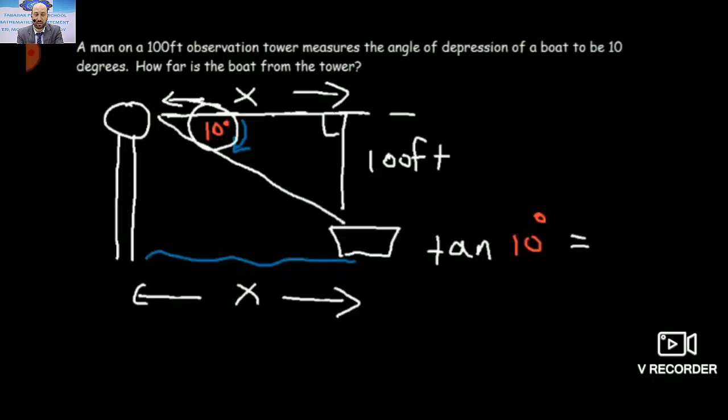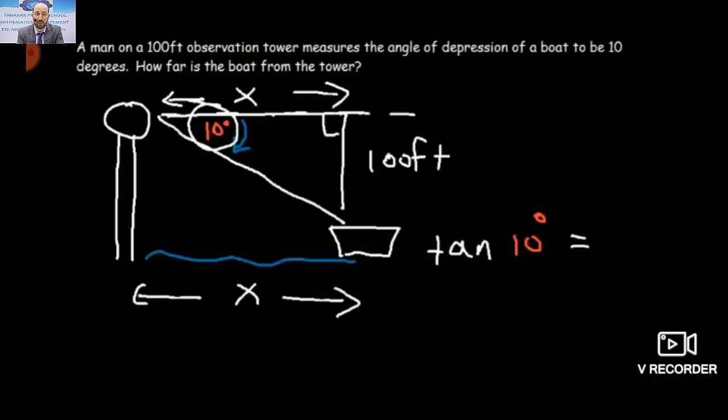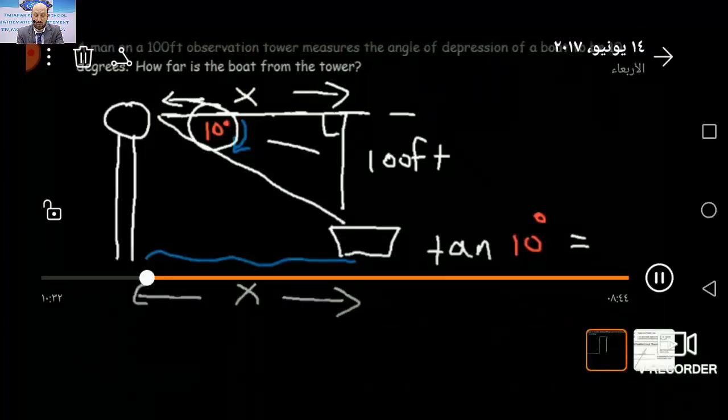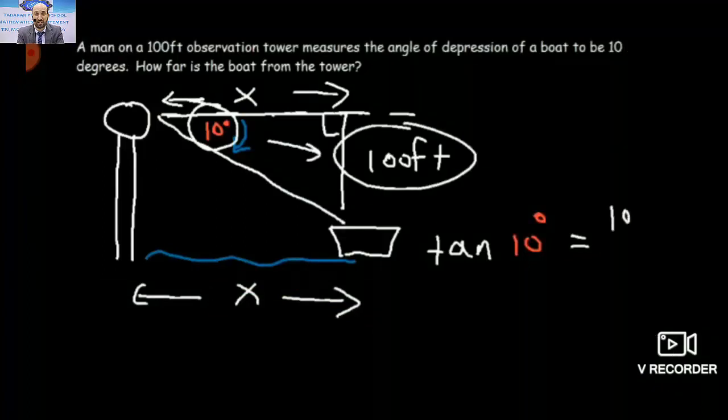As we said before, the angle in the right angle triangle lies between two sides: the adjacent, which is x, and the longest side, which is the hypotenuse. So the third one becomes the opposite side. If we want to find the horizontal distance, it will be adjacent, and we have the opposite and an angle. So the relation between what we have and what we want will be O over A, so it will be tan 10 equals 100 over x.